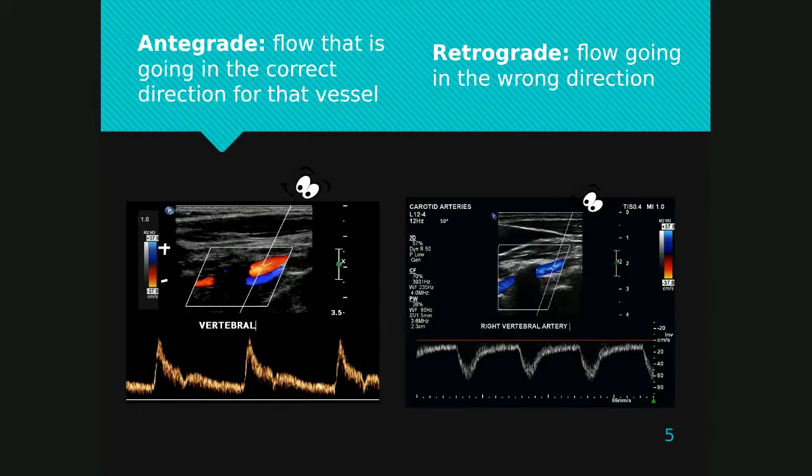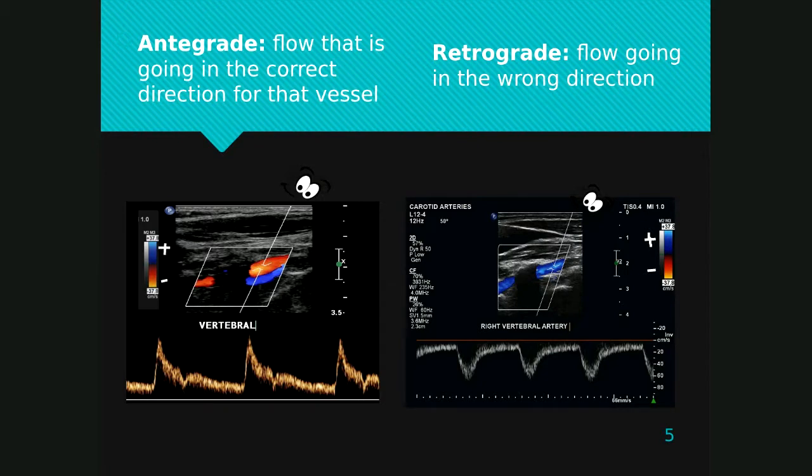Both of these scales are set up so that blue is the positive shift and red is the negative. Usually when we turn on our system, it boots up the other way. Usually red's on the top and blue's on the bottom, but it absolutely does not matter as long as you understand how to read the color map. So this is what I want you to make sure you know.